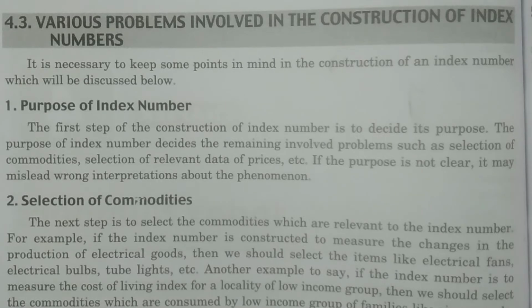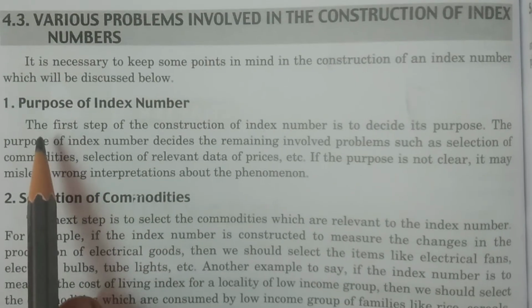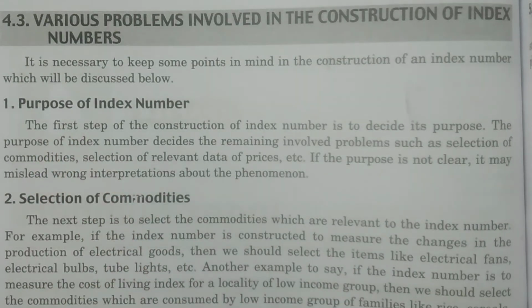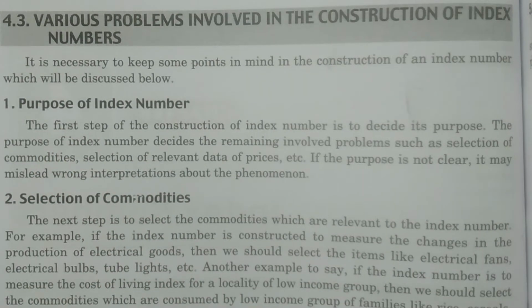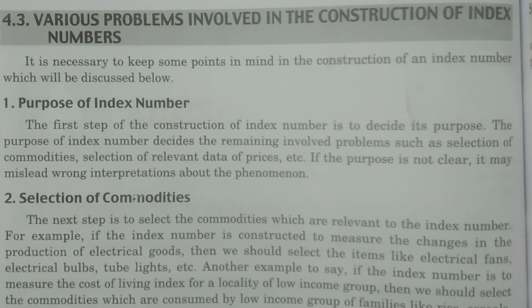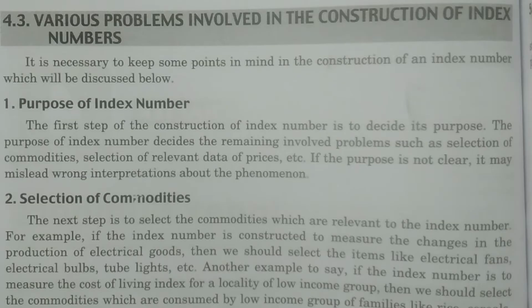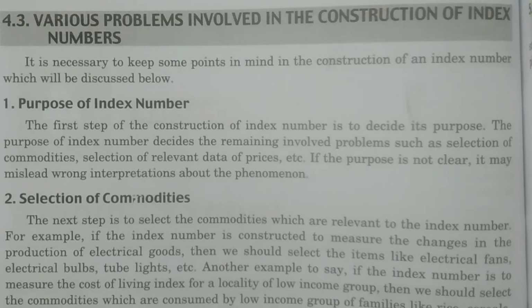and what are the important steps involved. You see, these are the points which are to be kept in mind to construct a particular index number. The very crucial points, whenever you want to construct an index number, keep these points in mind, and you can consider these as guidelines involved in the construction of any index number.